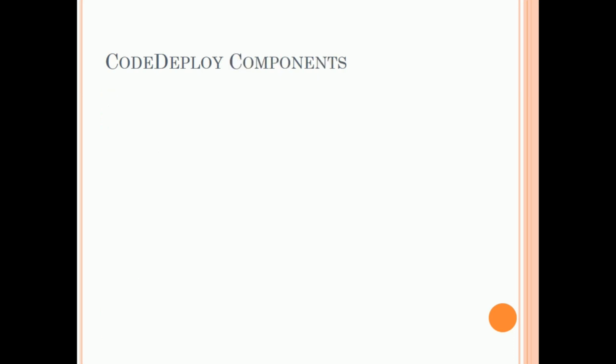CodeDeploy components. There are some major components of the AWS CodeDeploy deployment process. Let's understand these components to make the deployment process smoother. First is application. Application is the name that uniquely identifies the application which we are going to deploy.